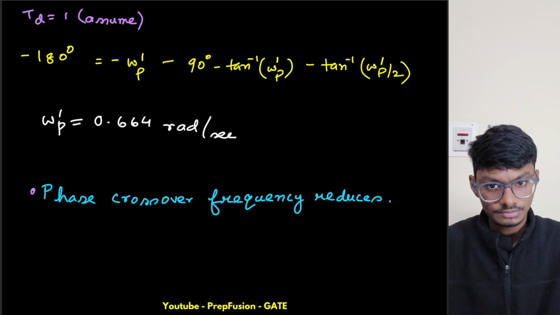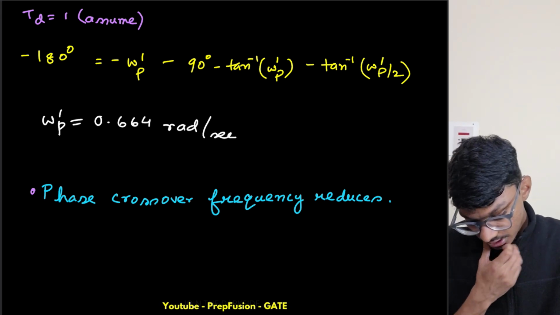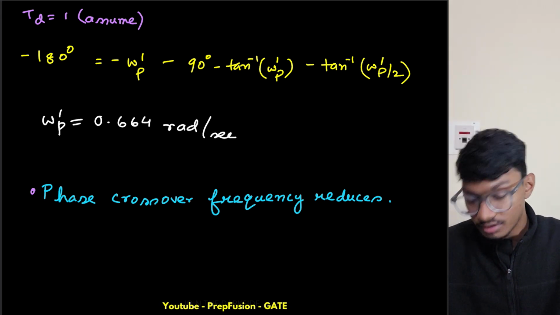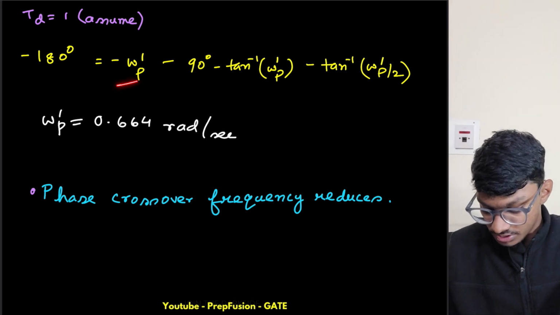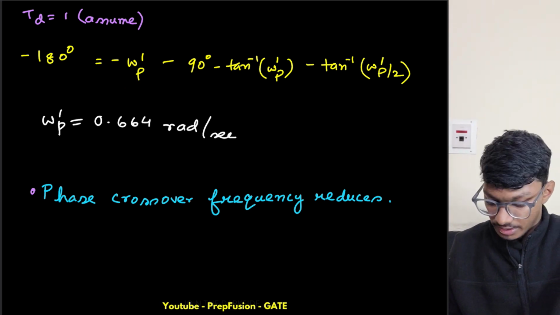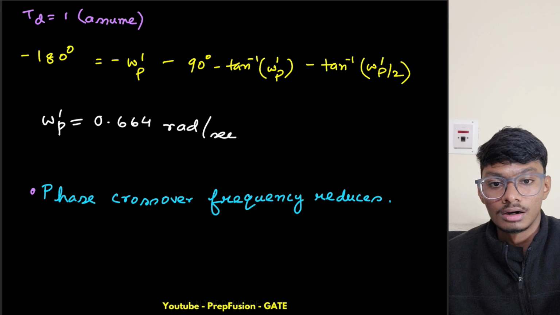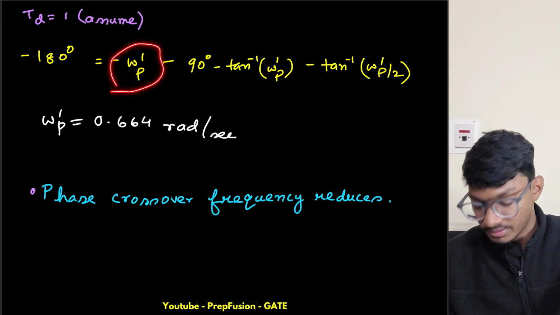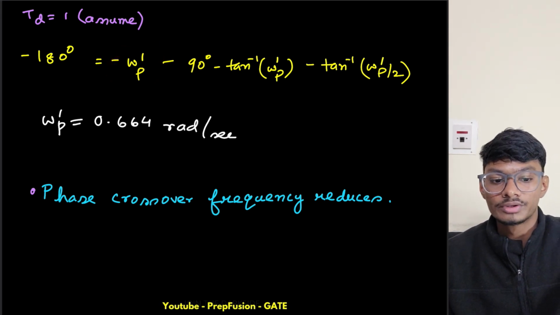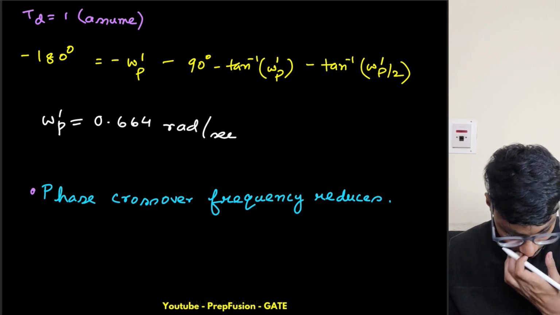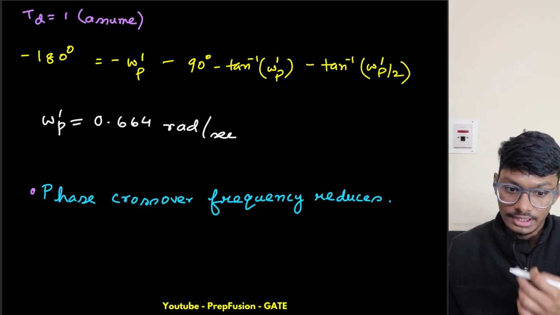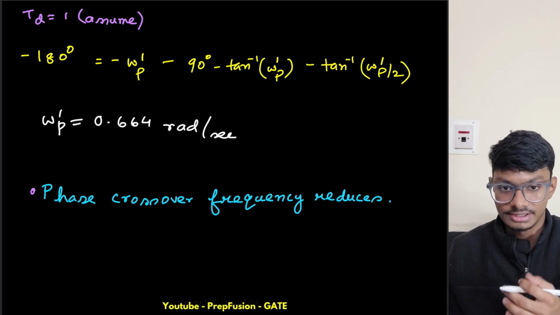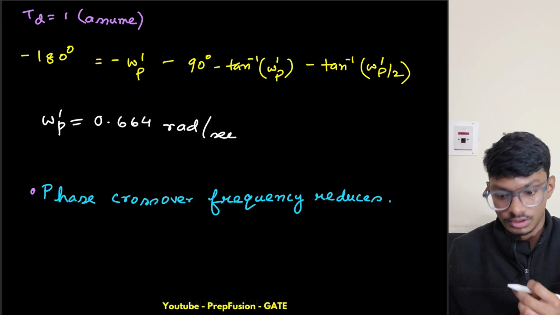My phase crossover frequency reduces. But why is this like this? Due to this time delay, I'm contributing some extra phase lag. So due to this time delay, I'm contributing extra phase lag, so it is helping it to reach that angle much more earlier.